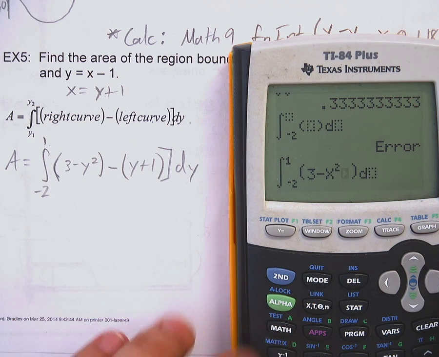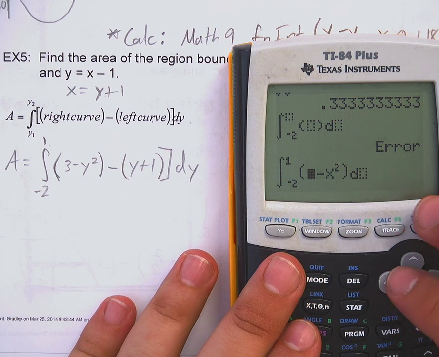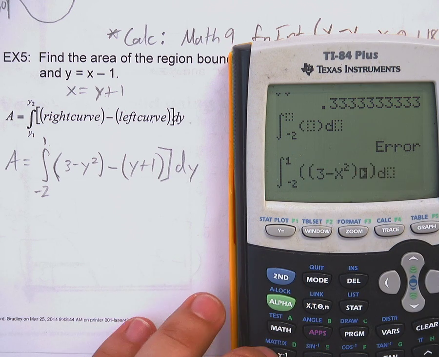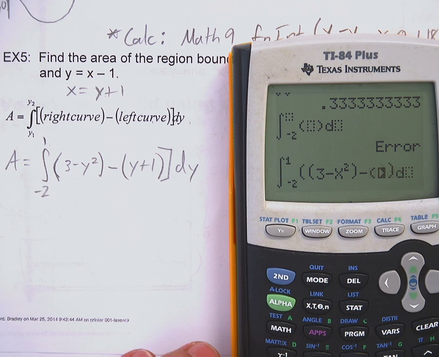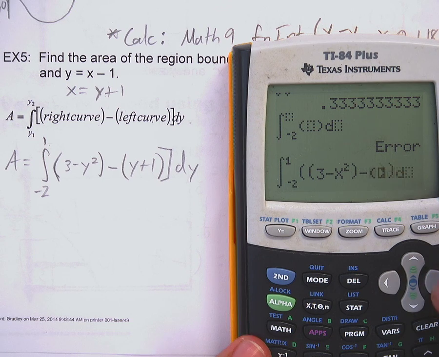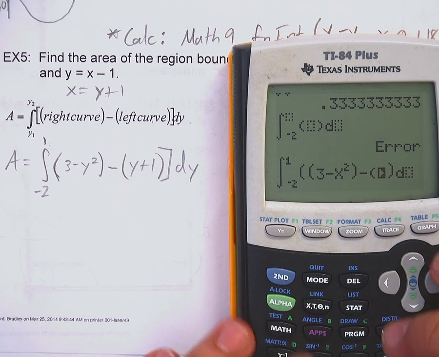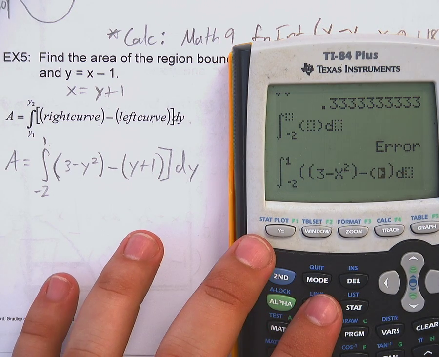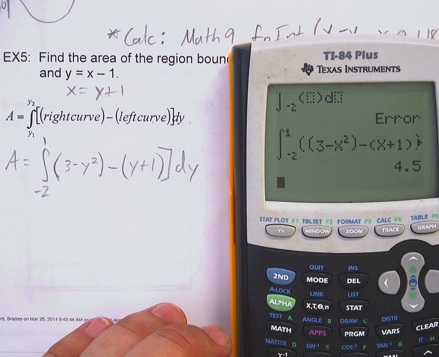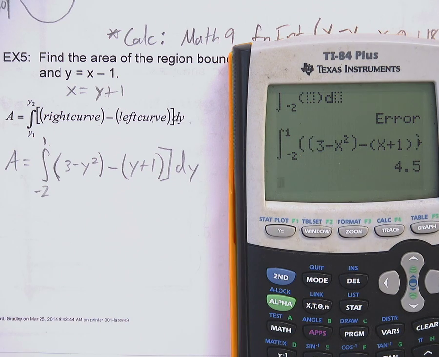Y squared, and so on, minus... well, let me try it. I've forgotten how I plugged it in. I think this worked. If not, I'll correct it in class sometime. 4.5. Perfect. That's what it is.